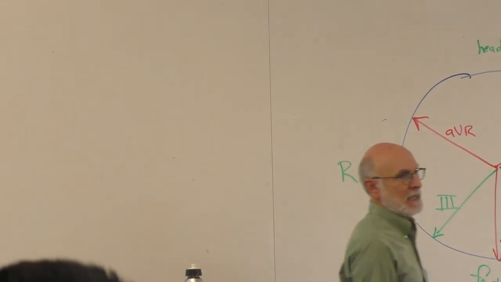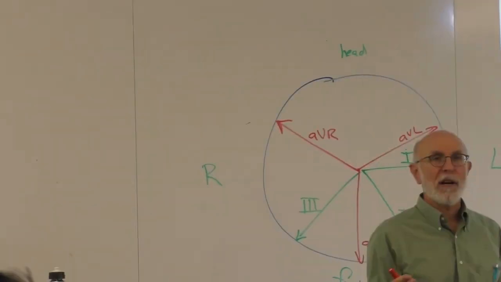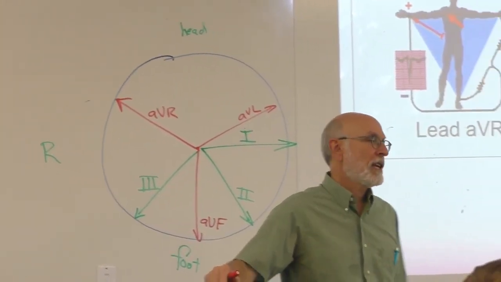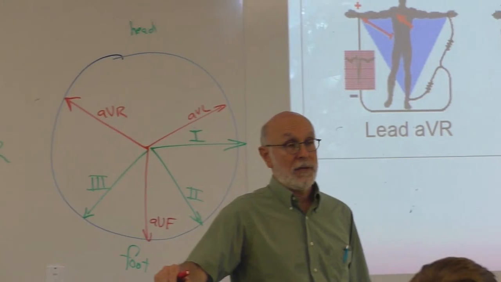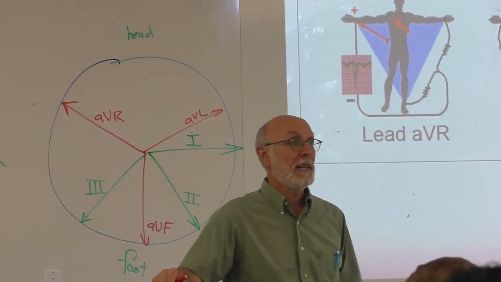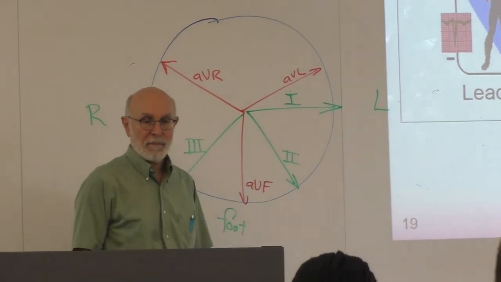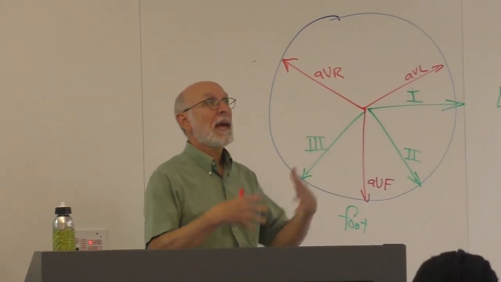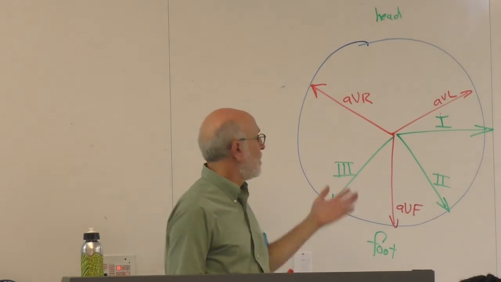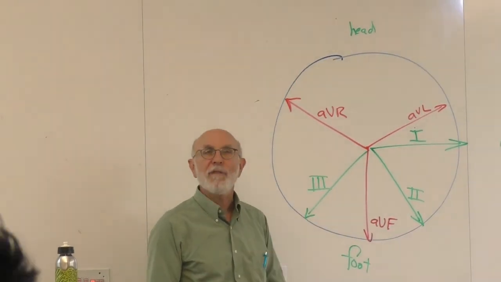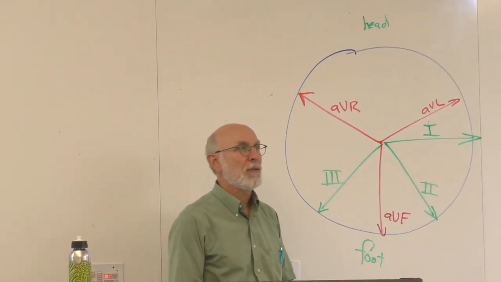In an ambulance, if they need to record an electrocardiogram, they don't hook up 12 electrodes, they don't even hook up 6. They usually only hook up 1, lead 2. You'll see why lead 2. But in a hospital and in lab, 6 gives you more information than 1 or 2 or 3.